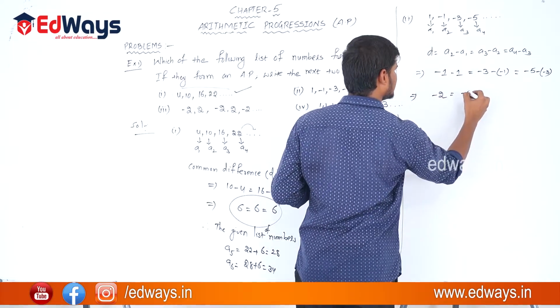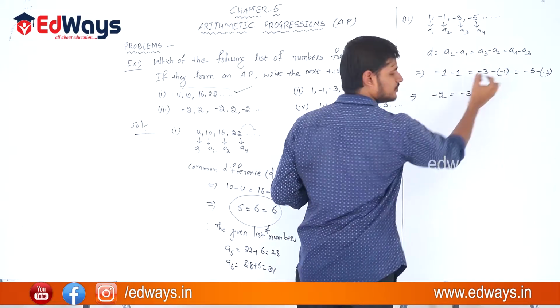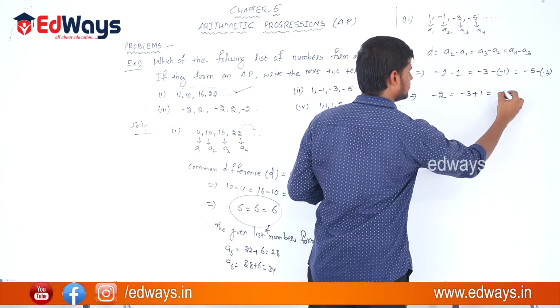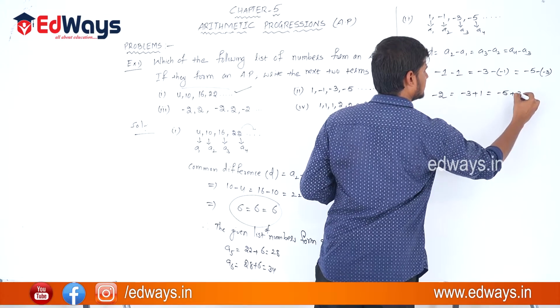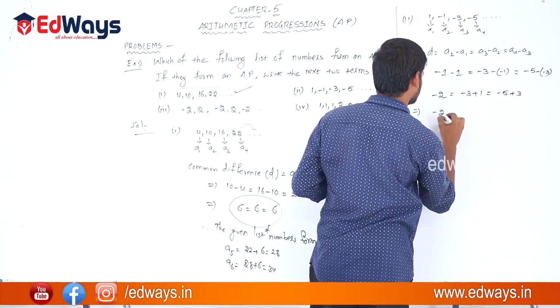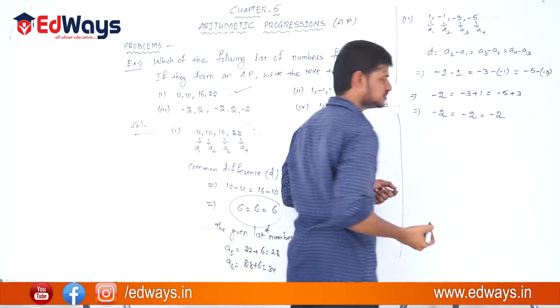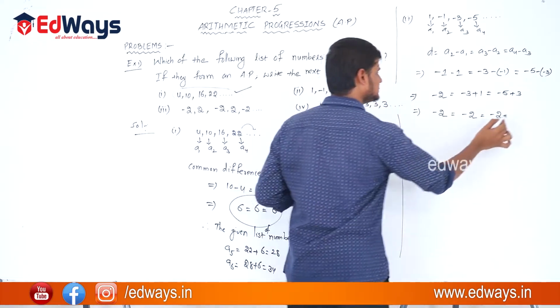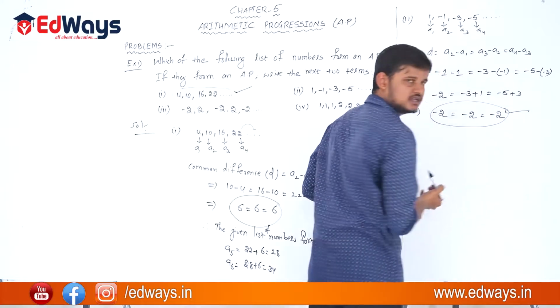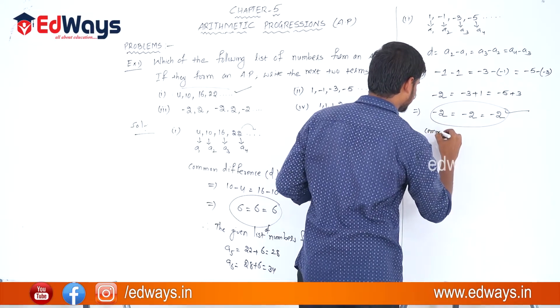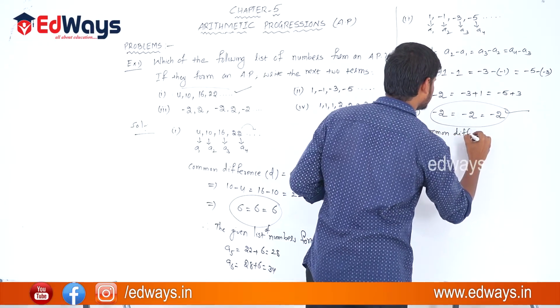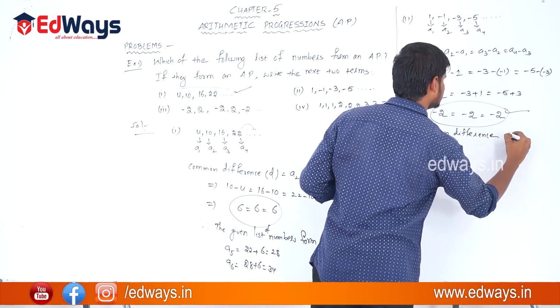So then here I can write -3 plus 1. That is equal to -5 plus 3. So that is equal to -2, -2, -2. So that means the common difference is again the same. If the common difference is the same, what can I say?